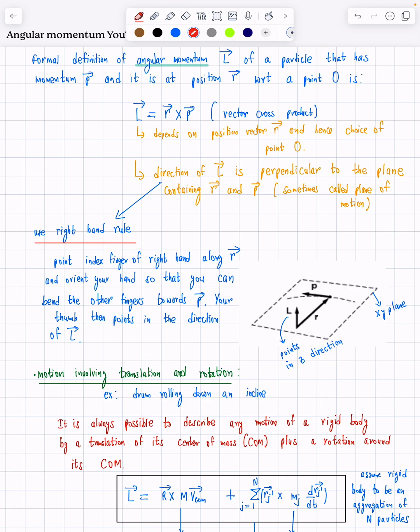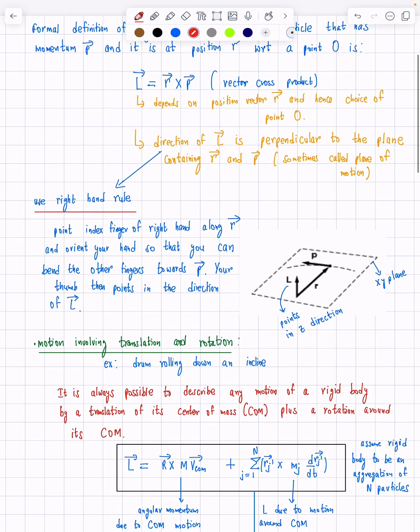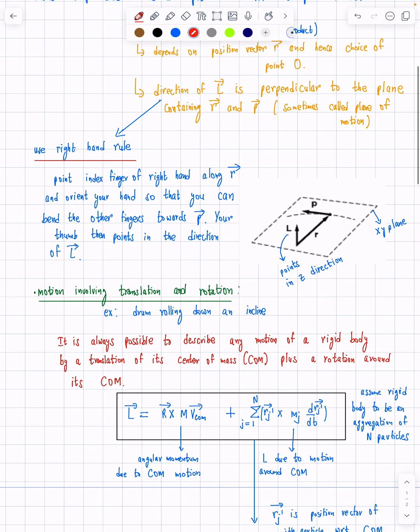So this is all about angular momentum for a particle, but the same concept applies when you go to a rigid body. We will be talking about motion which involves both translation and rotation, for example, a drum rolling down an incline.